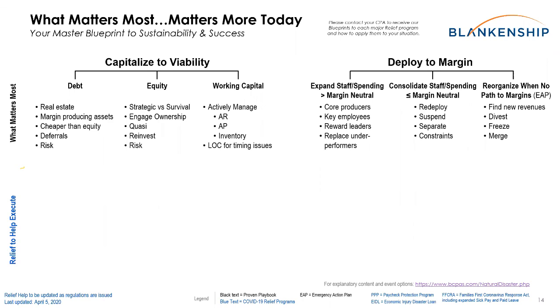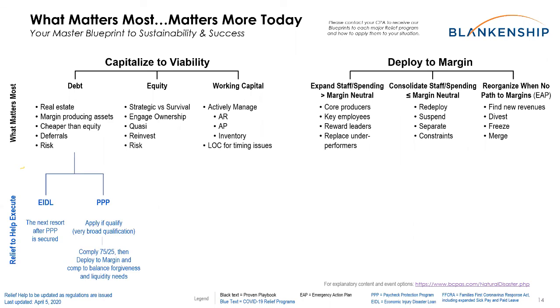Go ahead and advance. As you see across the top here, what matters most is the things that we need to be doing as business leaders all of the time. Now, doing what matters most really matters more, because as we've gone through all these different things that are of great benefit and value to employers, it is employers, nonprofits very much so, who are involved in this process, and it is the integration of these.